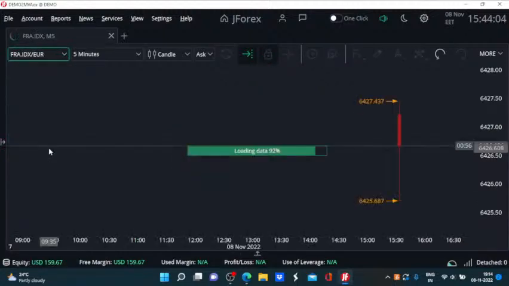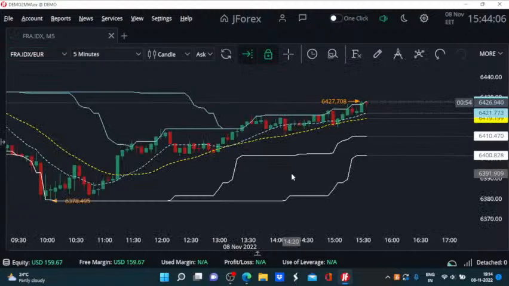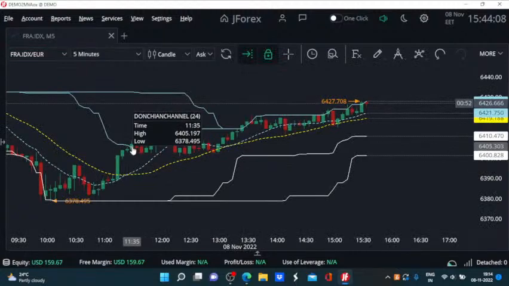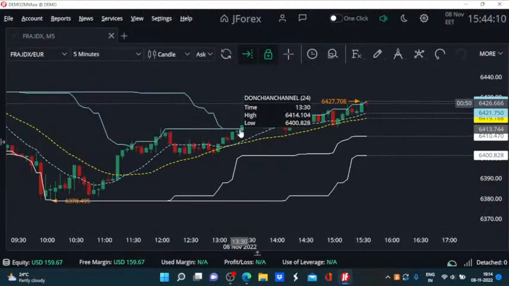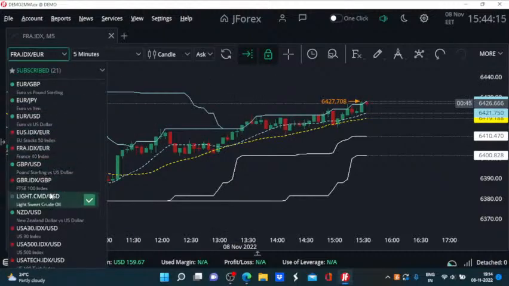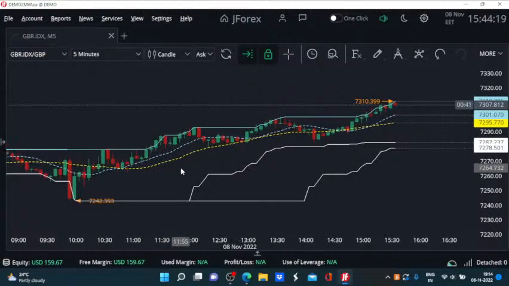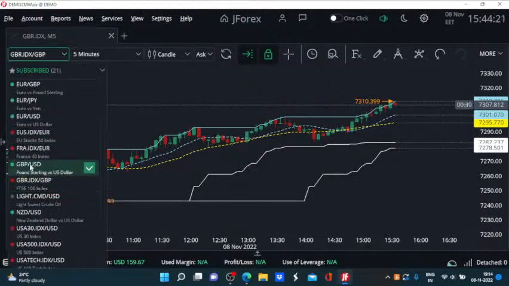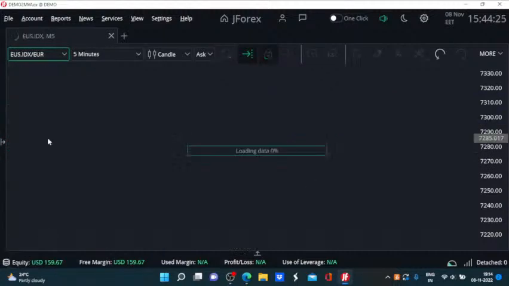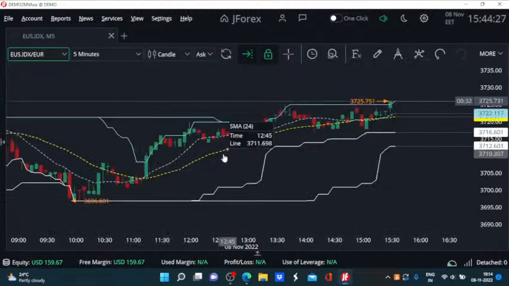And let us consider the CAC 40. The CAC 40 is also on the stronger side, and it made a 4 hourly high at 13:30 GMT, but for the FTSE 100 that was quite earlier. So the FTSE 100 is relatively stronger compared to the CAC 40. EU Stock 50 needs to be considered as well.